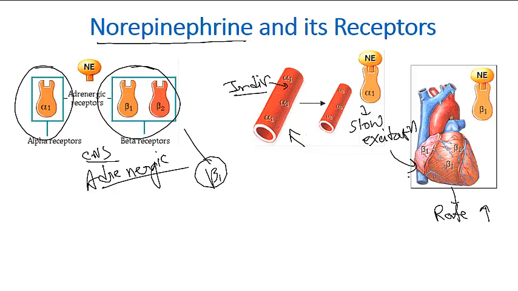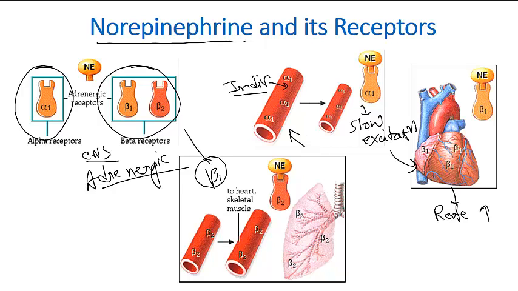Norepinephrine is also excitatory at this one, but slow. The third one is when norepinephrine binds indirectly to beta 2 receptors, and that will produce a slow inhibition.